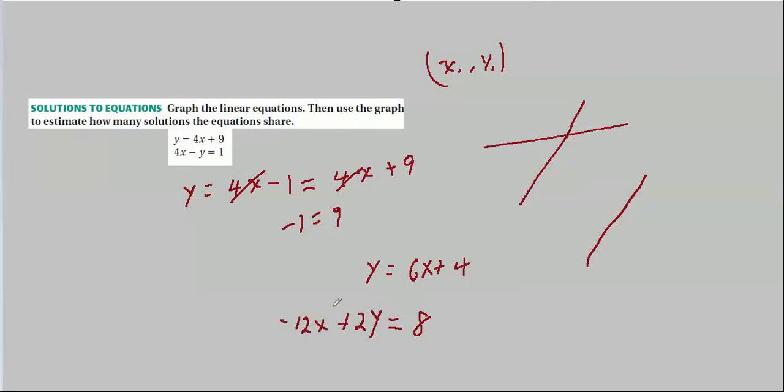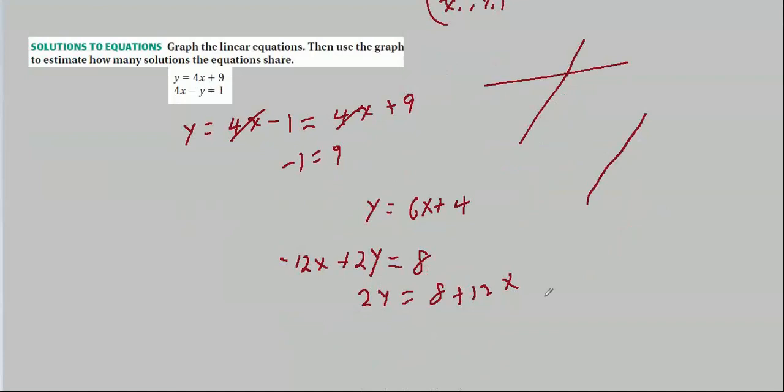If I solve this equation here, I'll get 2y equals 8 plus 12x, and that'll mean y equals 6x plus 4, same line, so we have an infinite number of common solutions.